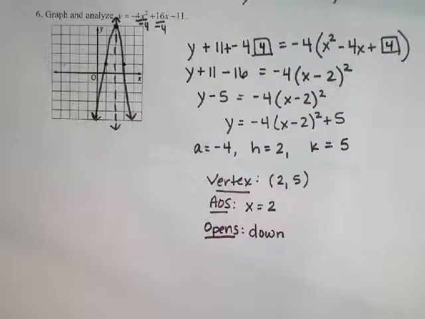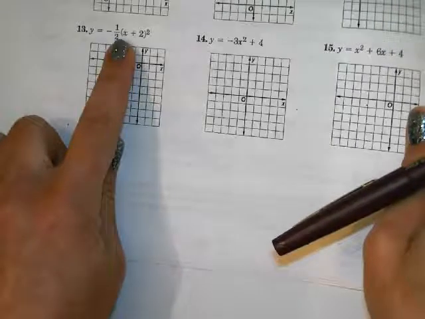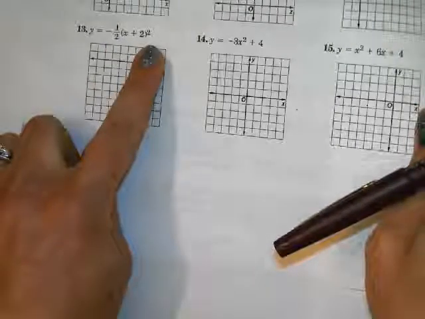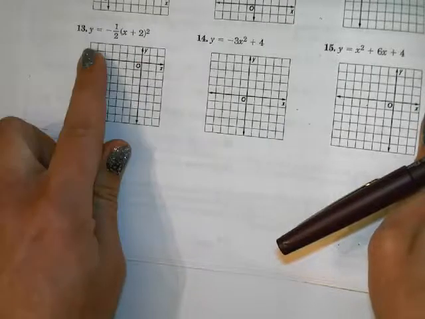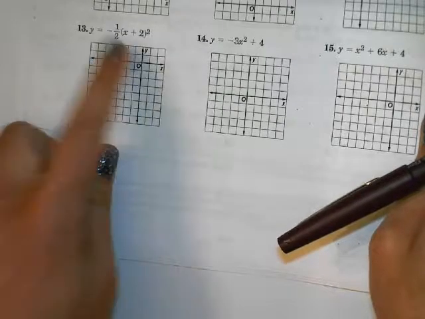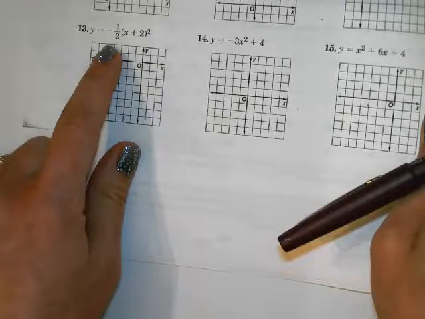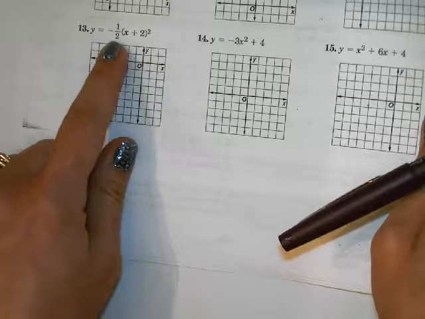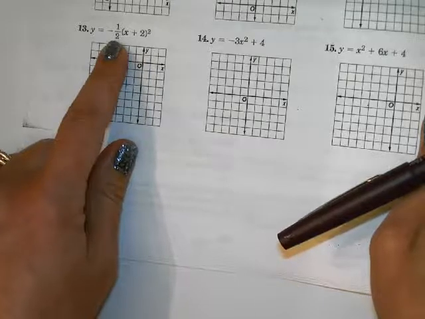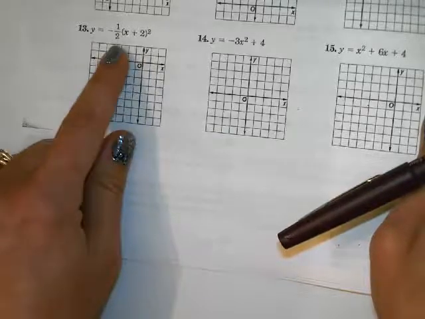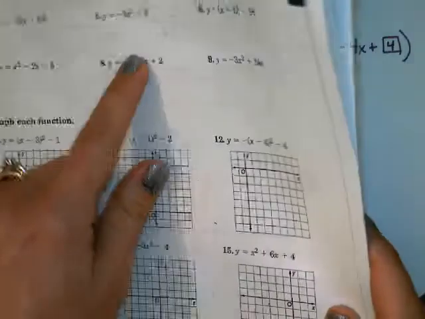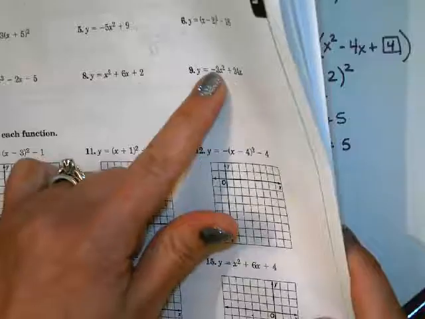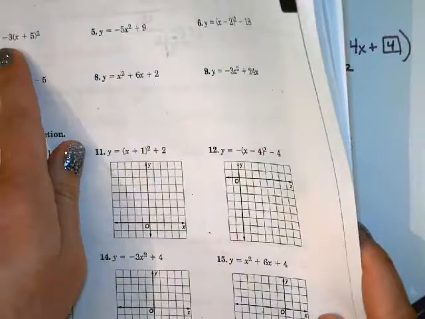Like on this one, he's already in the right form. You don't have to complete the square. So we'll do that one together in just a second, okay? If I'm going to have you graph it with a fraction right there, then I'll give it to you in this form. I won't make you complete the square with a fraction coefficient. Does that make sense?